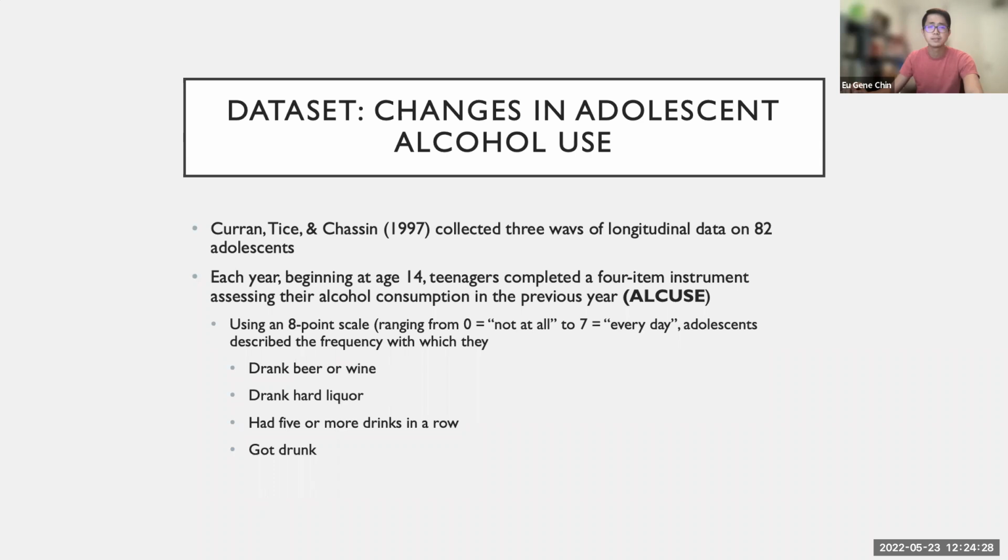At age 14, teenagers complete 4 instruments, that is, an 8-point scale ranging from 0 through 7, 0 meaning not at all, 7 meaning every day, and they describe the frequency with which they drink any type of alcoholic beverage. So this is the outcome of interest, and it's really nice for us to know exactly what we are measuring in terms of the nature of the construct or the index that we're trying to track here.